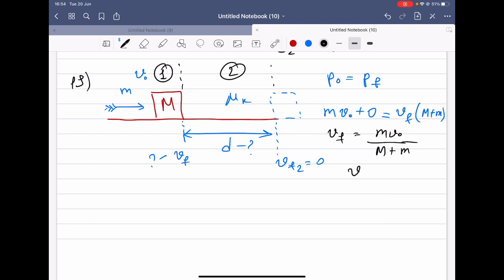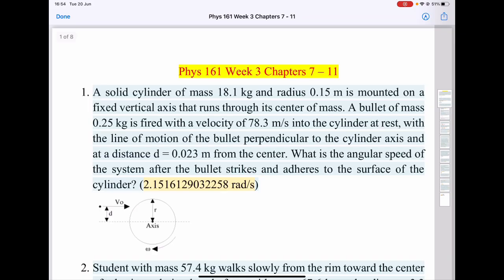If you calculate, you're supposed to get 18.98.